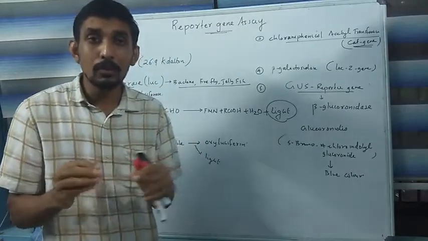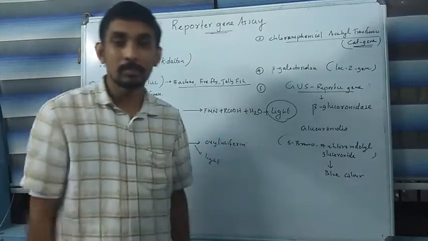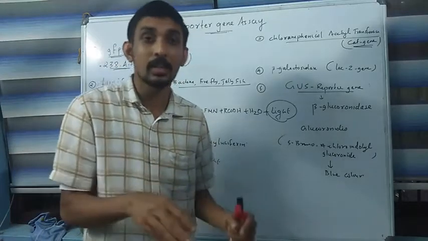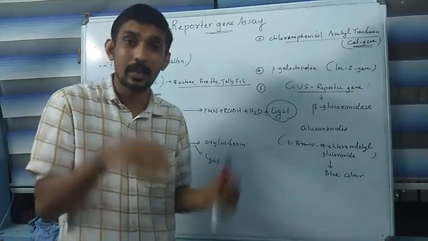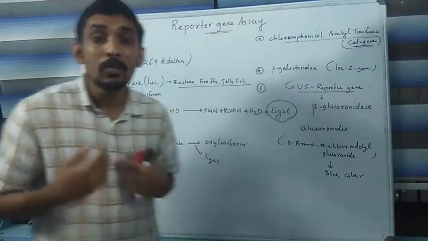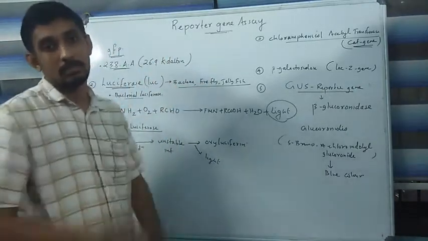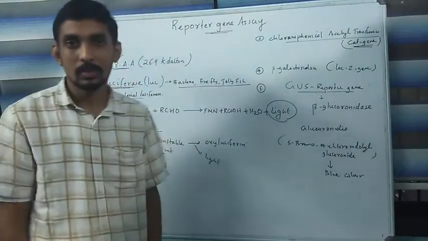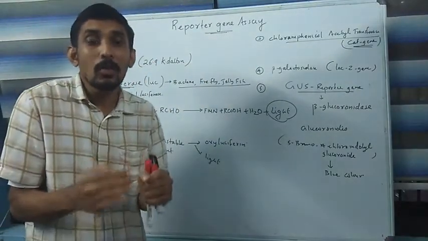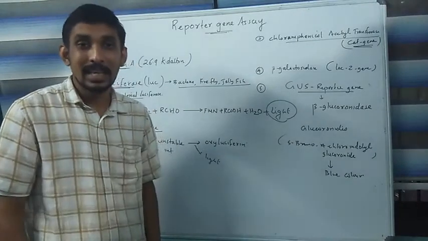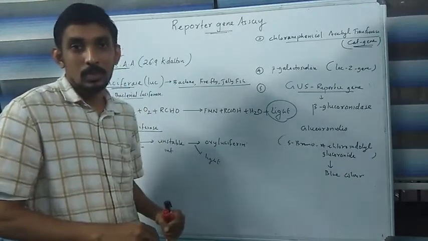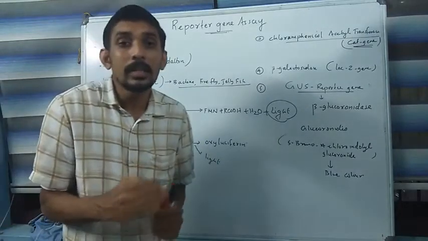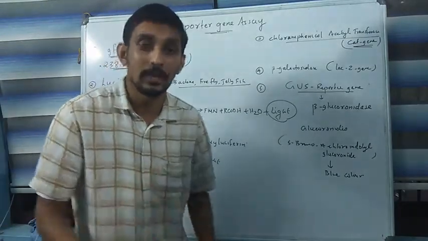If you insert a foreign gene into the cell, after that we need to check whether that inserted foreign DNA is present inside the cell or not. For that purpose, we can use a reporter gene. That is why this topic is called reporter gene assay. The main feature of this reporter gene is that its gene product, or its translation product, can easily be detected by using different kinds of techniques.